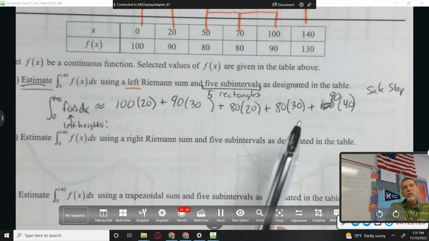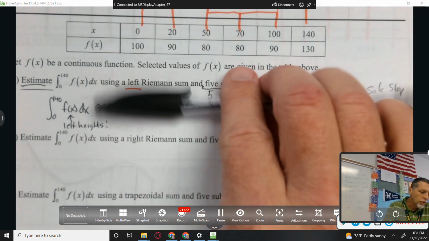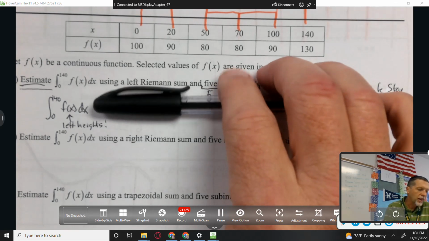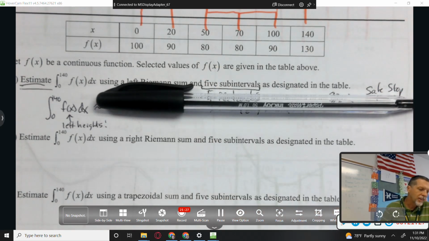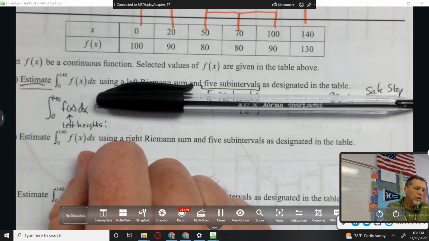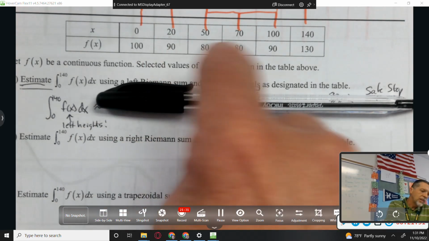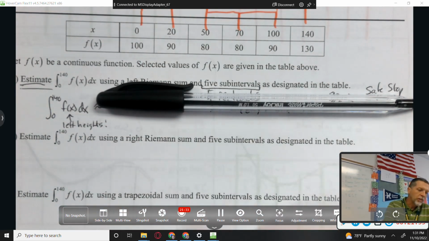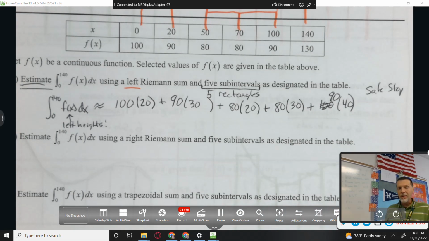Also, don't go the other way where you don't show that and you just do it in your head or in your calculator because you're like, oh, that's not hard. That's 100 times 20 plus 90 times 30, and you just type it all in your calculator and put the answer down. That won't be good enough because they don't know where that came from.